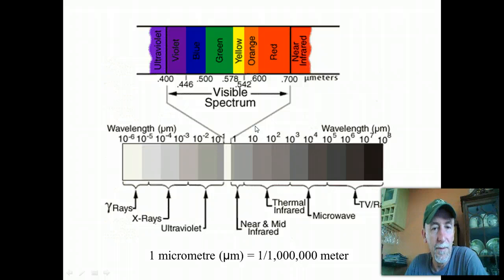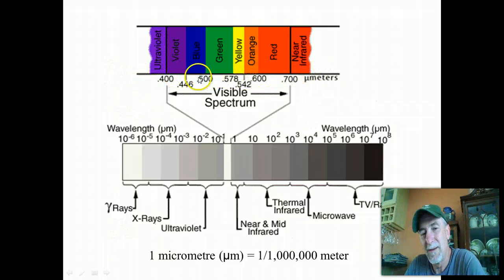One of the fundamental principles that we work with is the notion of the wave model of electromagnetic radiation. In this model, we make distinctions between different types of radiation based on their wavelength value. Now, this is a spectrum.